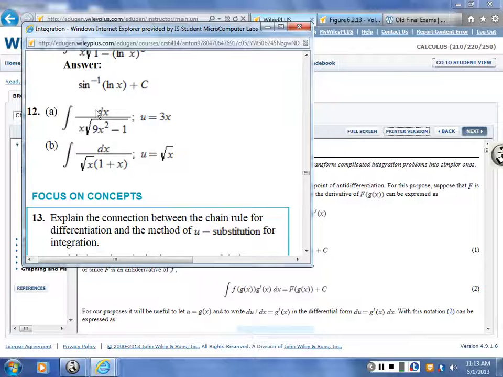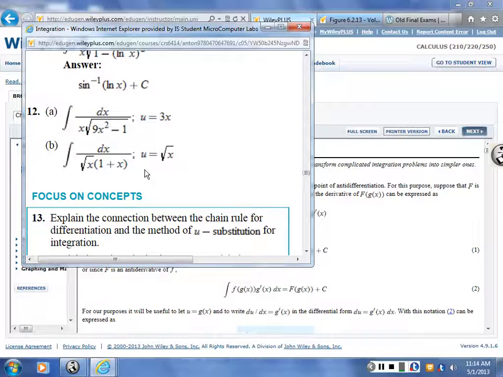Is it inverse sine? Well, if you take inverse secant, right? Inverse secant in terms of u, and then you substitute. The derivative is going to cancel, and you're going to look at inverse tangent.